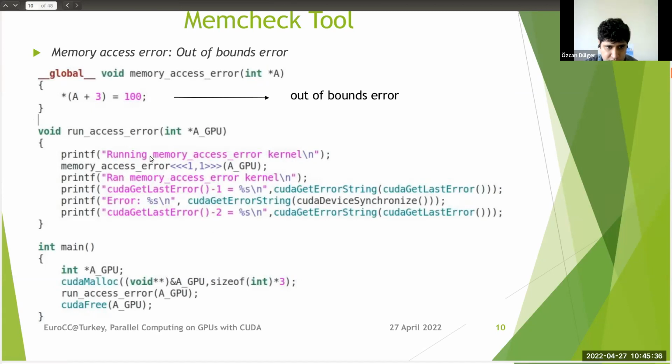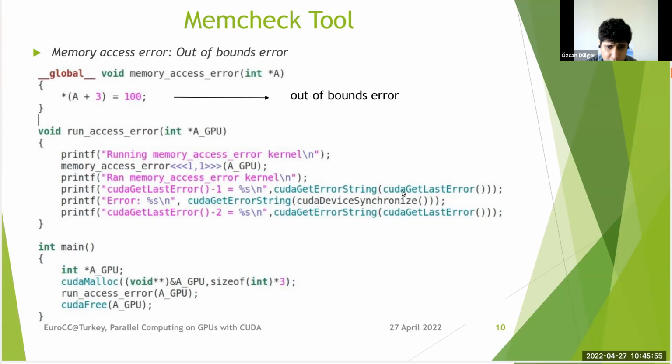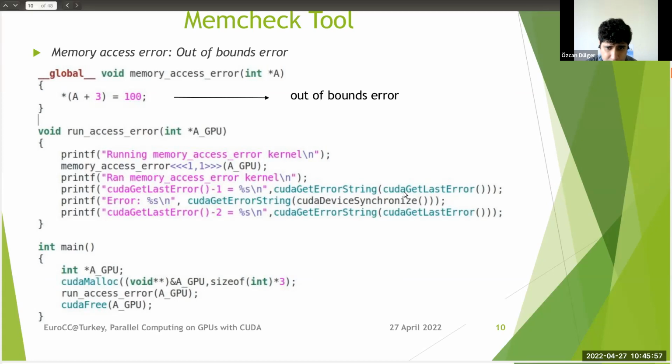It prints running memory access error kernel. The second printf prints run memory access error kernel. The third printf tries to print the last error that arose in the CUDA runtime here.